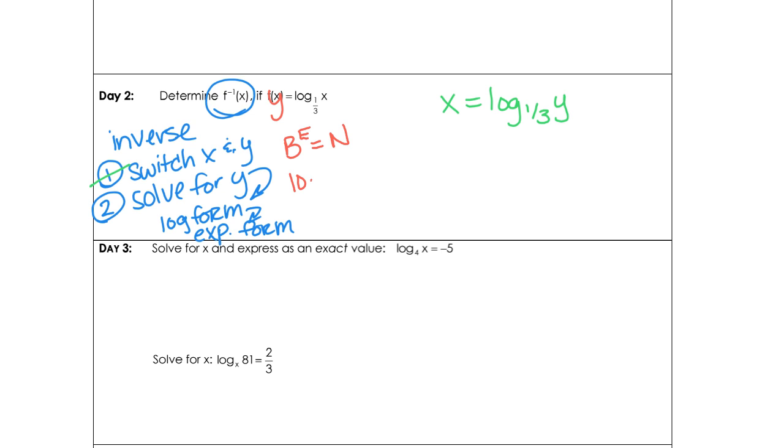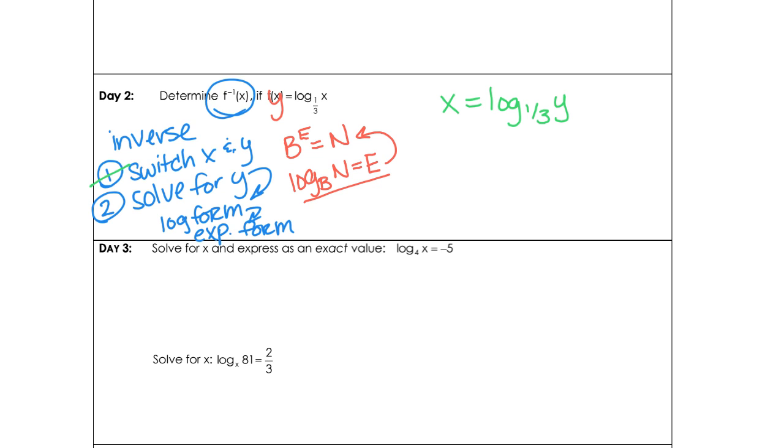And when we're in log form, your base is down in the subscript area, your number is here, and then remember logs are equal to exponents, okay? And so since we are in this form, we need to go to that form. And when we do, it should be equal to y, and we should be in y equals form, and then step 2 will be done.